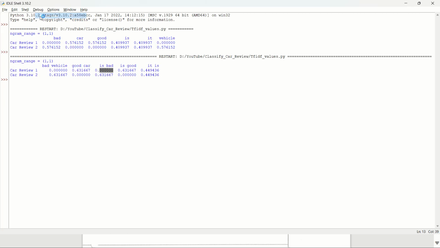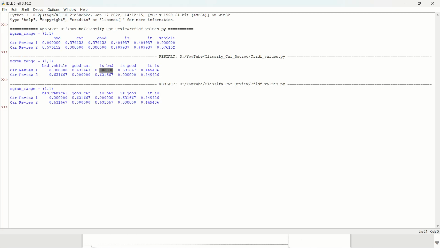In this case, we see bad vehicle takes this value and is bad takes this value. Since we have the bigram concept here, bad vehicle is considered together, therefore the misspelled word alone will not be evaluated. So the spelling mistakes can be ignored in this case.